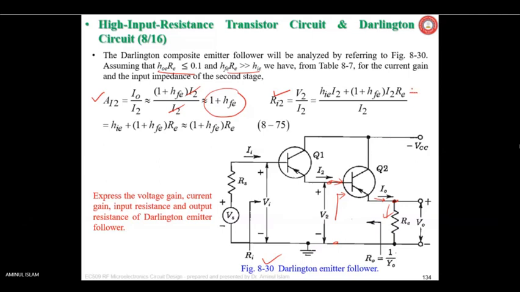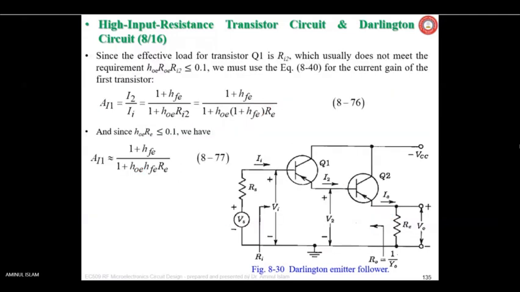You put this value here. This also you got in the previous discussion today, and hence you get it cancelled, and you get this expression. The approximate model we just discussed today, and this was obtained finally as 1 plus HFE.